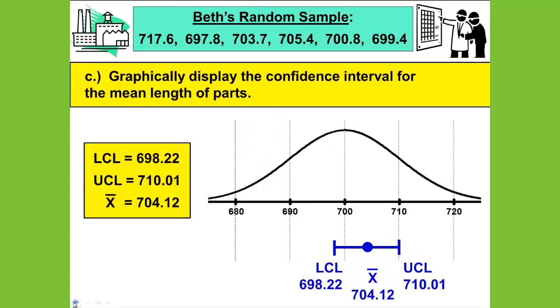Does the mean of the population fall into this confidence interval? And yes, 700 is contained in between the 698.22 and the 710.01. We can see that by looking at the numbers as well as looking at the graph.